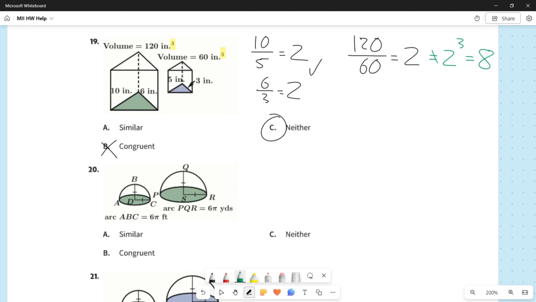So by getting 2 here, that is not the desired result if we wanted to say similar here. So we have to say neither, because even though the sides are proportional, the volume should be a scale factor of 8, or in the other direction it would be 1/8, but it is not that. It's only 2, and that's not good. So for 19, our correct answer is neither.